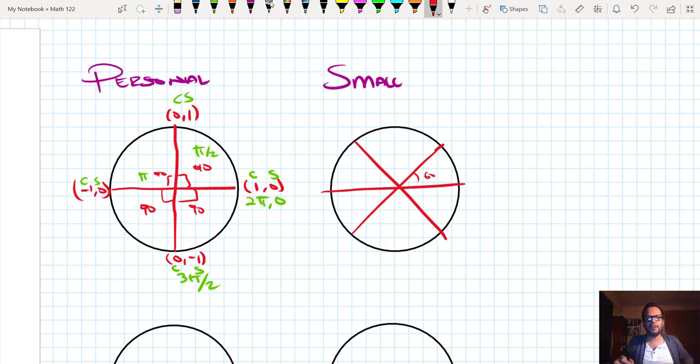No, wait a minute, 60, yeah, 60 degrees, 60, 60, 60, 60, and 60, right? 60 times 6, isn't that 360 degrees? Okay, so how can we relate pizzas to triangles and trigonometric functions? So let's say we want to evaluate sine of 2 pi over 3. Okay, 2 pi over 3.